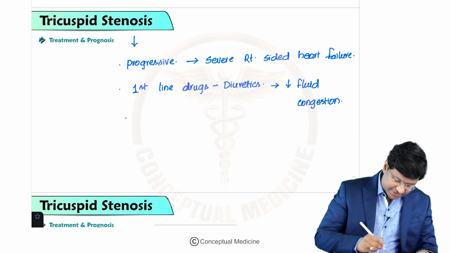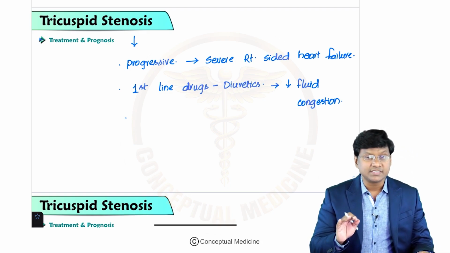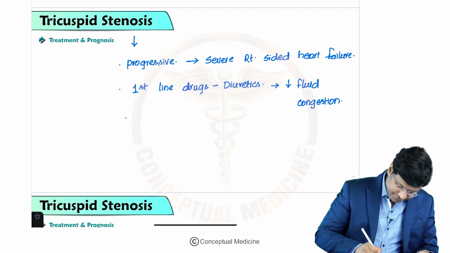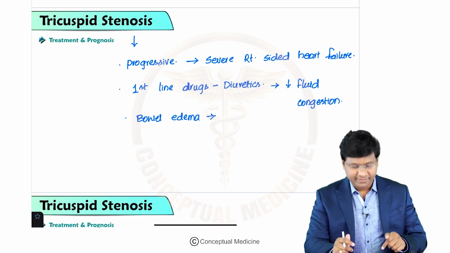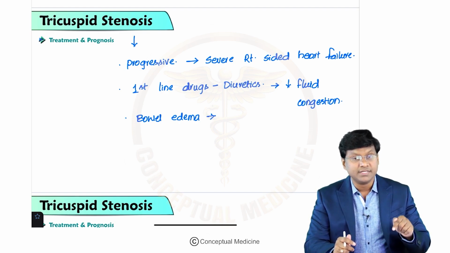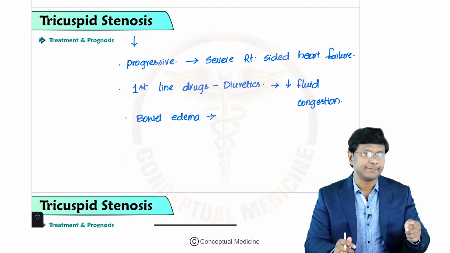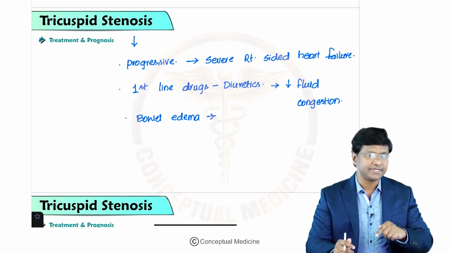And suppose there is considerable bowel edema. When does this bowel edema develop? That is when the individual develops portal hypertension. And when does portal hypertension develop?